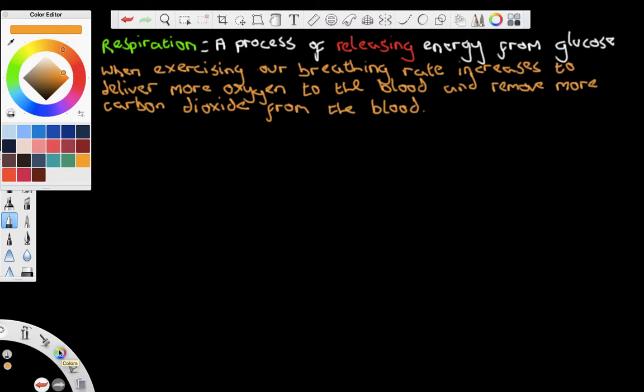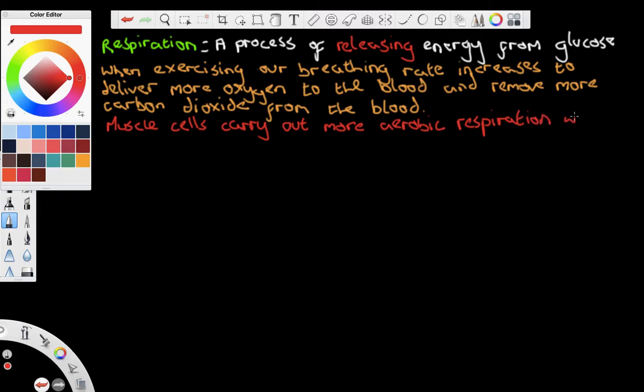So we can say that, and I'm going to put in red, that muscle cells carry out more aerobic respiration when exercising.